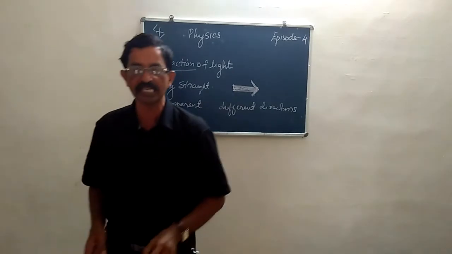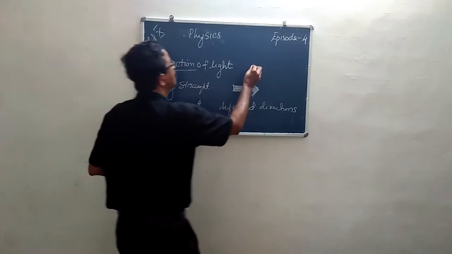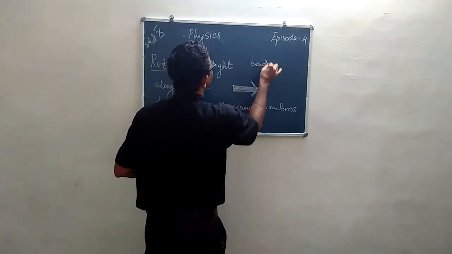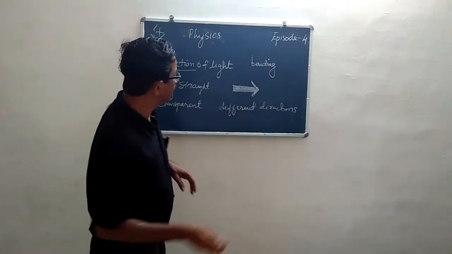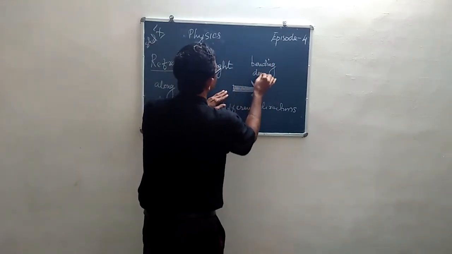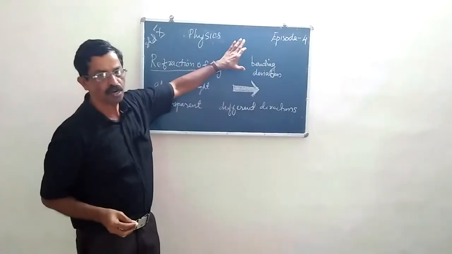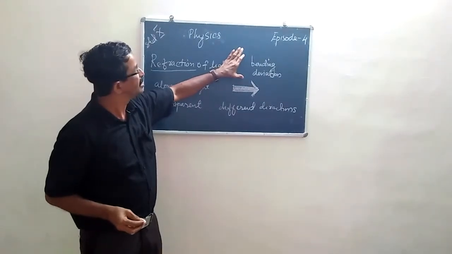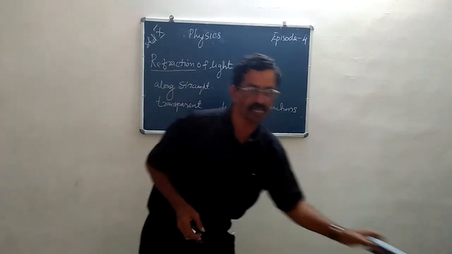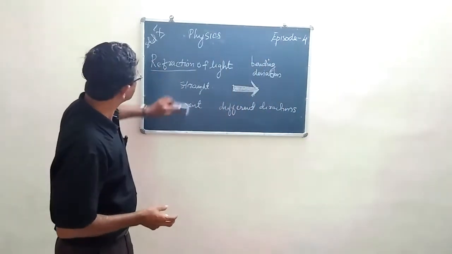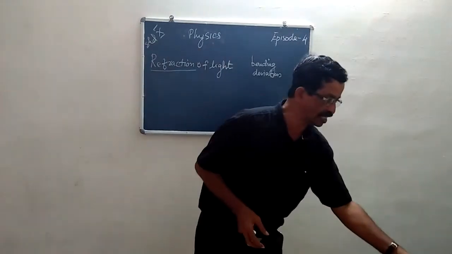So, actually what is refraction? Refraction is the bending or deviation when light passes from one transparent medium to another transparent medium at the interface.